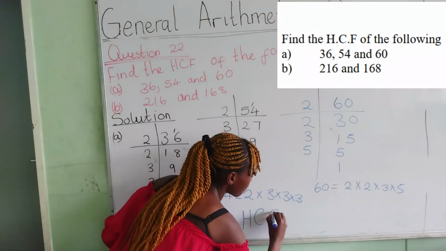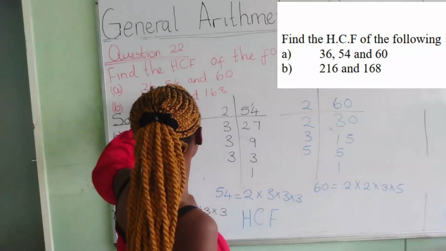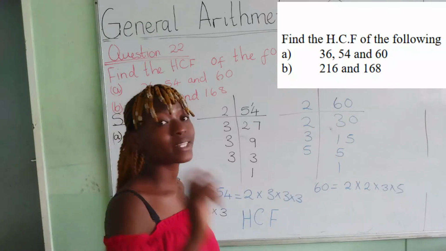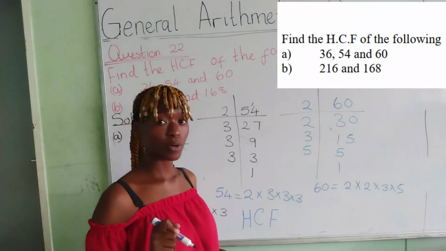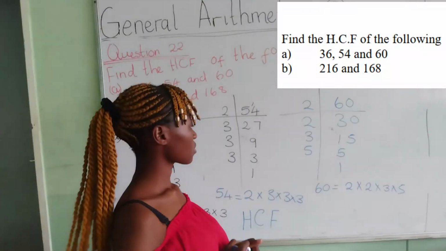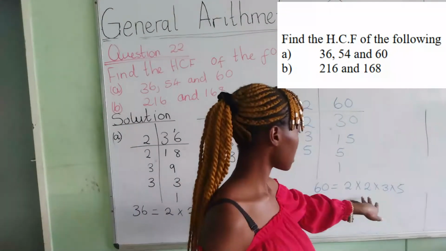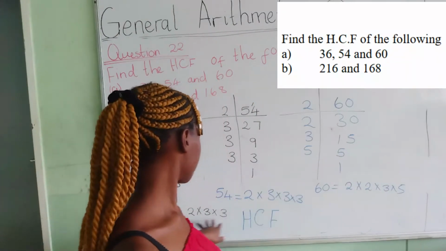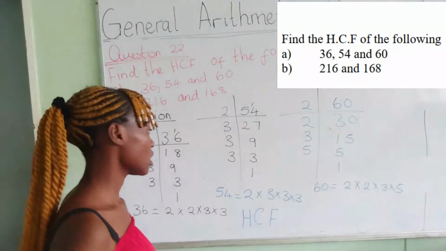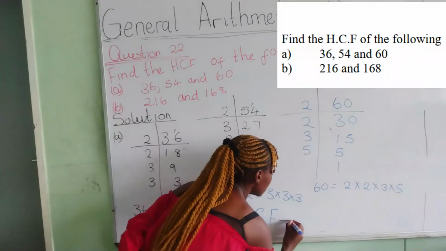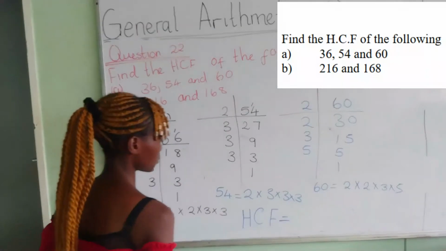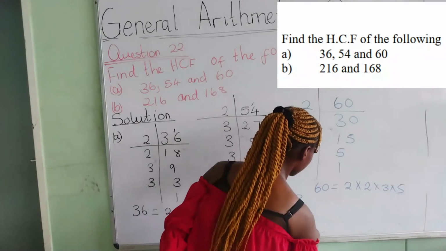Now, for us to find the highest common factor in all these numbers, what would be the highest common factor? The common factor is what appears in both of these. Okay, so we take 2, which appears in both.